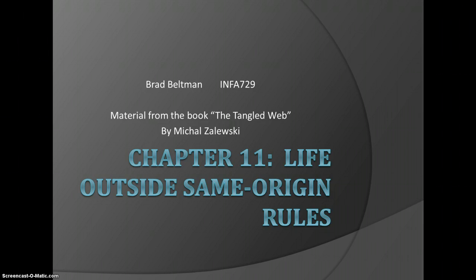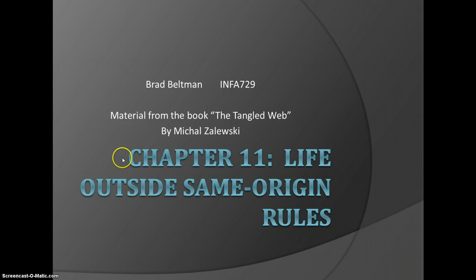Now, just as an aside, and just for the fun of it, I decided to use images throughout the presentation that I could find in a Google image search on Life Outside Same Origin Rules. There's not a lot of web security relevant stuff that came up. There were a couple things, but just for the fun of it, I thought I'd stick with those.